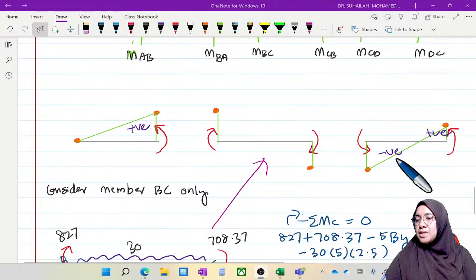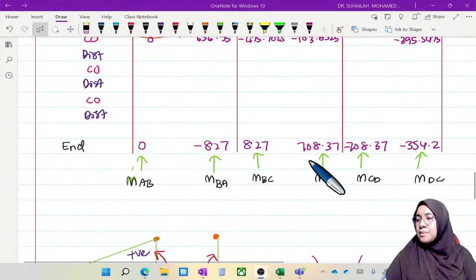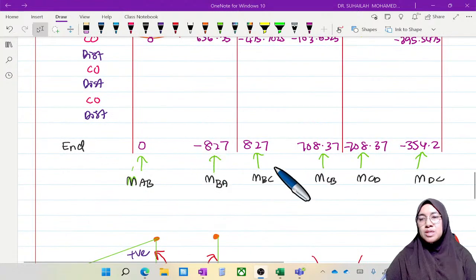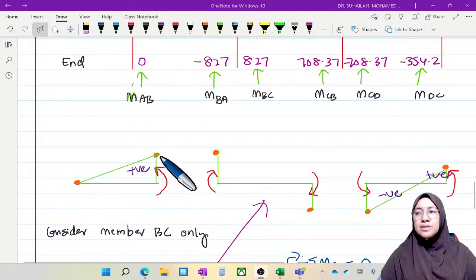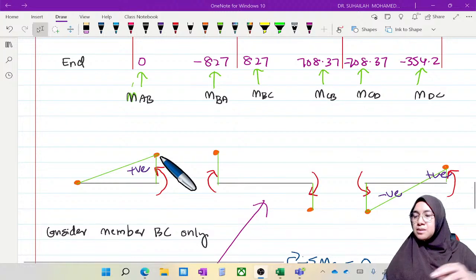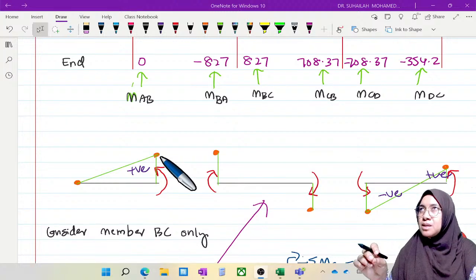This is the bending moment diagram. We draw this based on the end moments that we get from the distribution table, and the position of the bending moment diagram. The value, for example, this is negative 827, based on the sign direction, the moment direction.